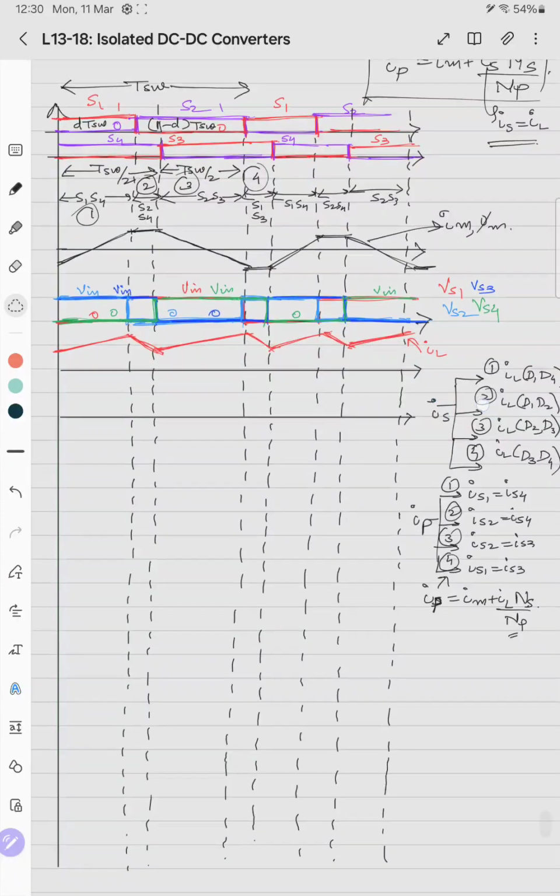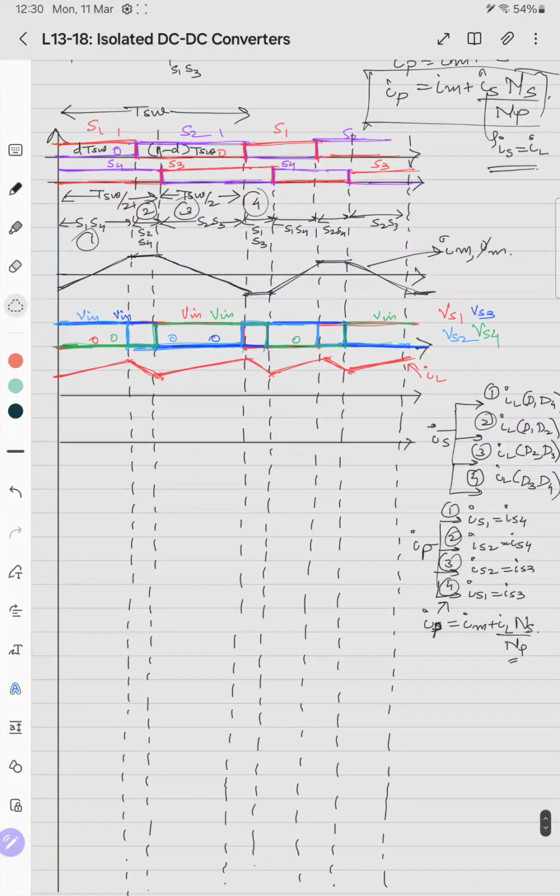We'll draw the IS1 current. The current IS here is not the secondary current; IS1 is the current in the S1 switch. IS1 equals IS4, which is IP, that is Im plus IL into Ns by Np. We know Im and we know IL, so we are adding them, and IS1 will be rising in this case. IS1 will be active only in case 1 and case 4.